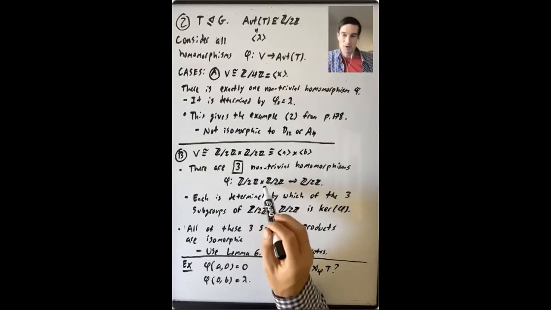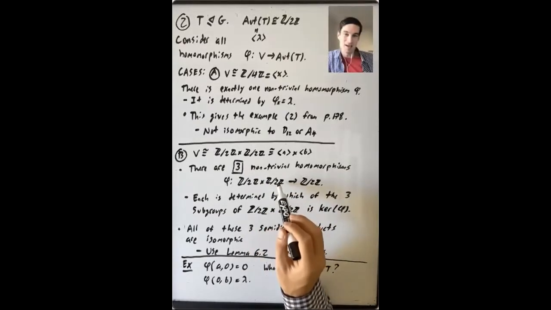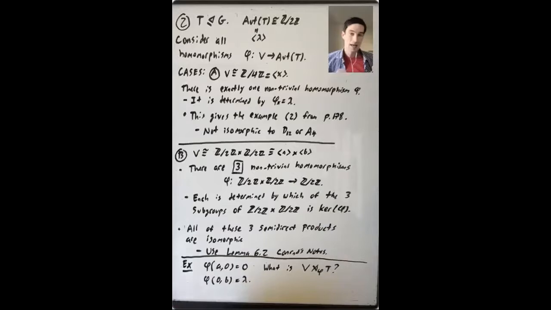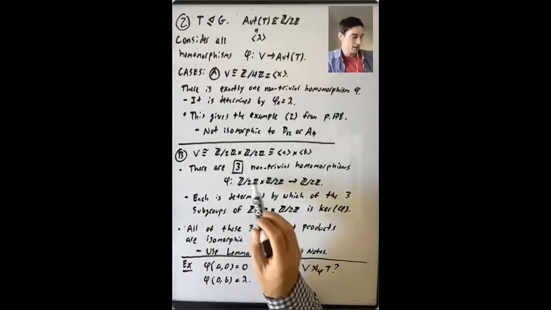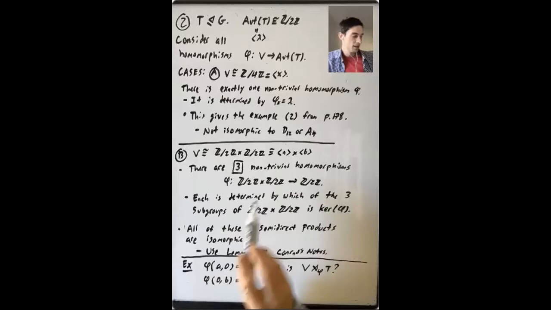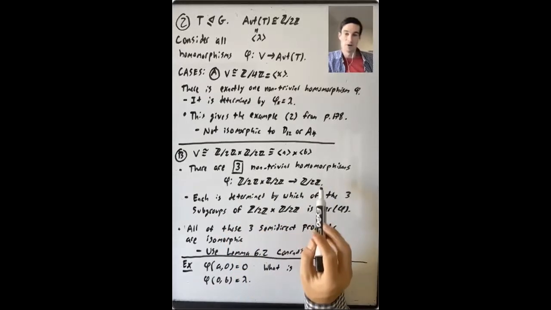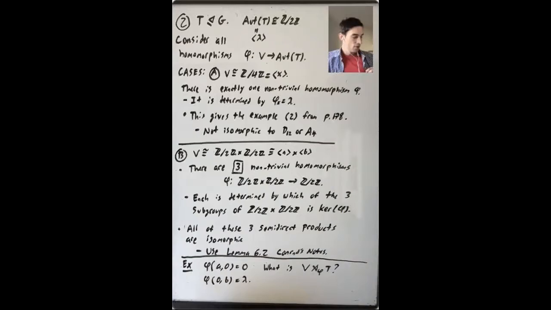Well, it's some subgroup of Z mod 2Z cross Z mod 2Z of order 2. And there are 3 different choices. There are 3 distinct subgroups of order 2 in this group, and each one gives a different non-trivial homomorphism to Z mod 2Z. So I claim that all 3 of the semidirect products you get from these 3 different homomorphisms are isomorphic to each other.